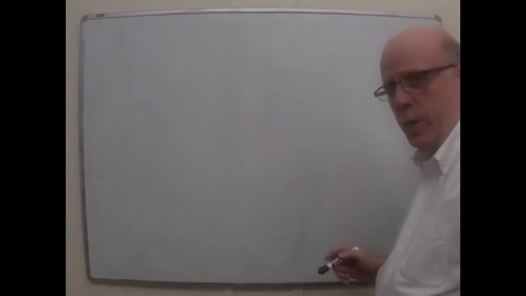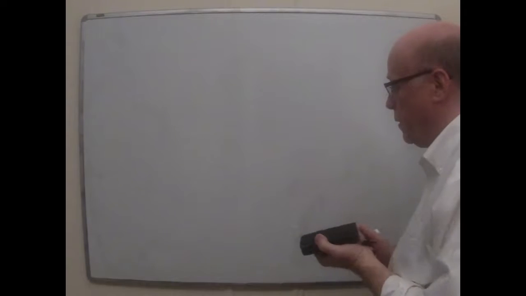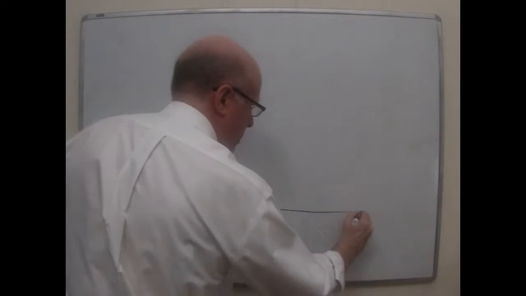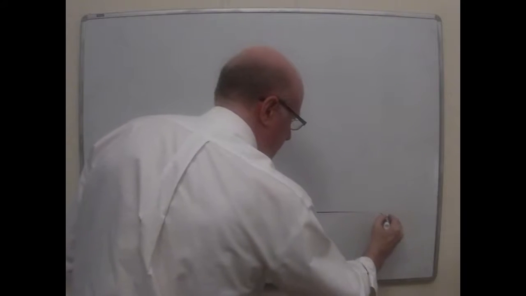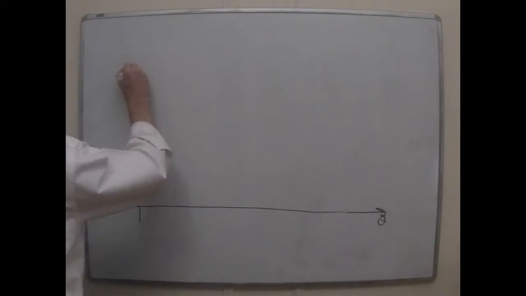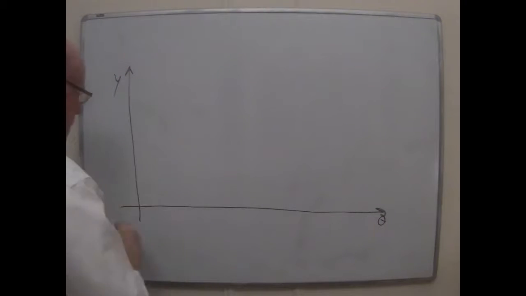Let me draw a really giant graph of the function y equals sine of x. Or maybe we should call the x-axis the theta axis in this instance. So we'll have y equals the sine of theta.